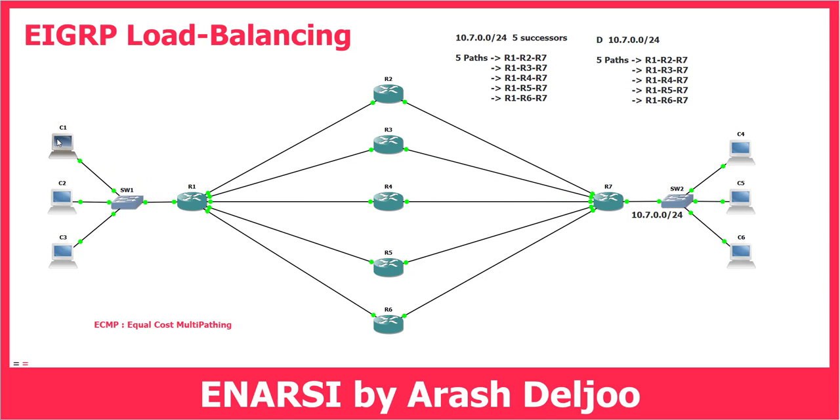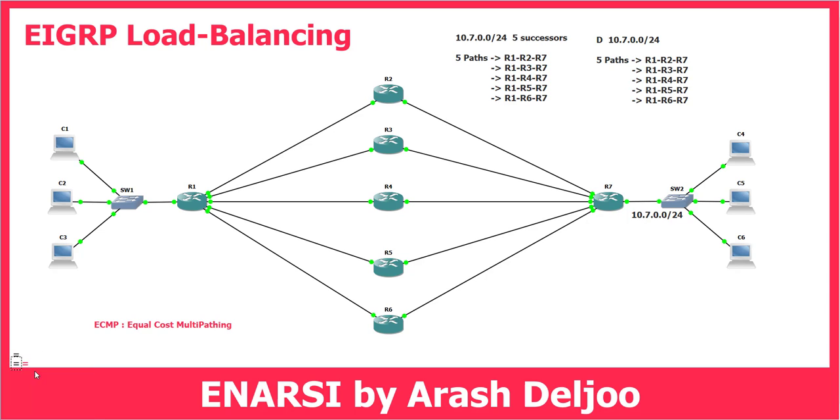Or assume that you are sending traffic from computer 1 to computer 6. The traffic is received by router 1, then router 4, then router 7, then the computer. Actually, the traffic is load balanced, load shared between these 5 paths. This is equal cost multipath, meaning all paths have the same metric.